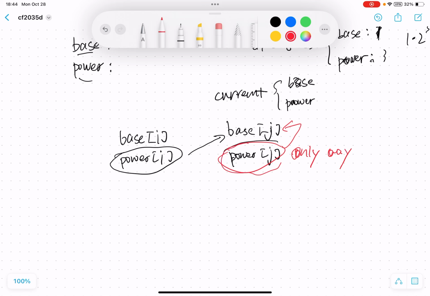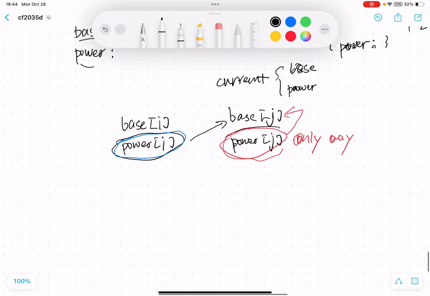We cannot multiply power j into base i. But for power i, there are two ways to use it. First is to multiply it into base i. Second is to multiply it into base j. So we need to check which is the better method.